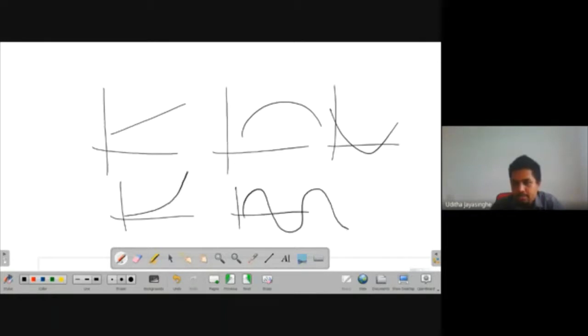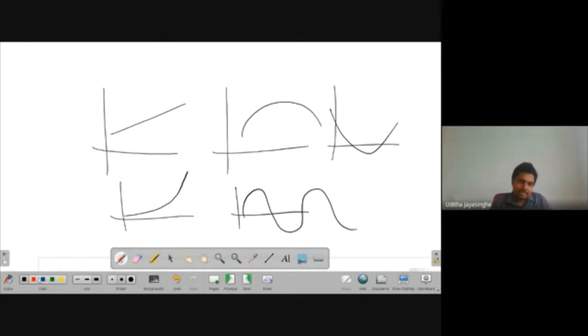Maybe something like this. These are also relationships. You shouldn't assume that if there are no linear relationships, there are no relationships at all. Let me repeat it. If I say that if there are no linear relationships, there are no relationships, that statement is wrong.